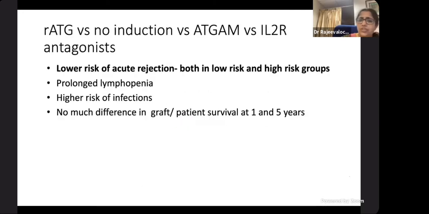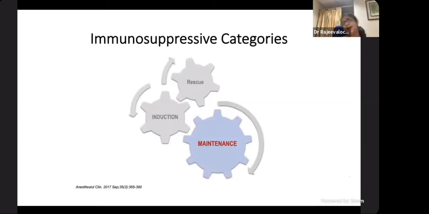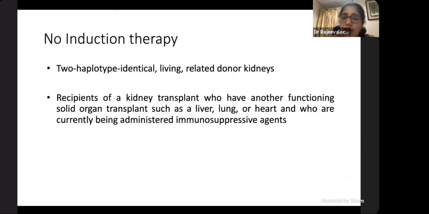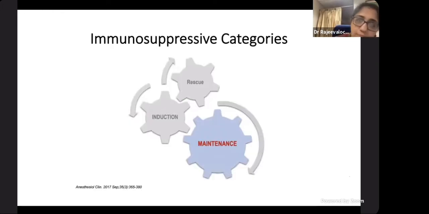Now, this again has to be, I think, with more and more understanding of anti-HLA antibodies, non-HLA antibodies, as well as eplet mismatches, very important to go through their immunological workup in detail before deciding what sort of induction therapy you want to go for. As far as the KDIGO 2009 guidelines are concerned, it says that in high-risk groups, prefer ATG. In low-risk groups, prefer IL-2 receptor antagonist, which is Basiliximab.